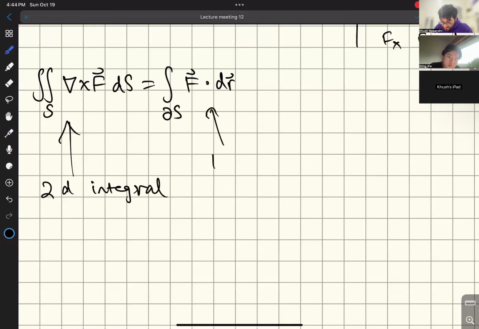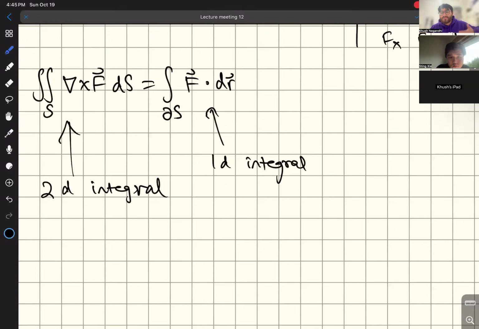This is a 1D integral. Do you see why now I defined the subtraction of the endpoint thing as the zeroth integral? So now you have a formula that takes a 1D integral to a 0D integral, 2D integral to a 1D integral.